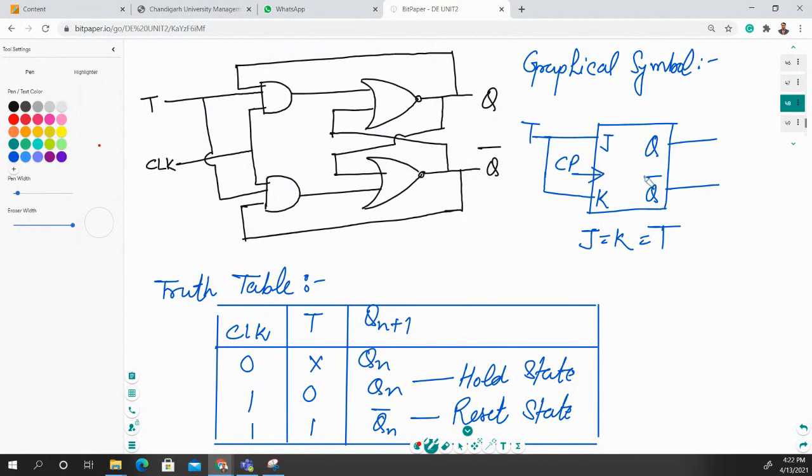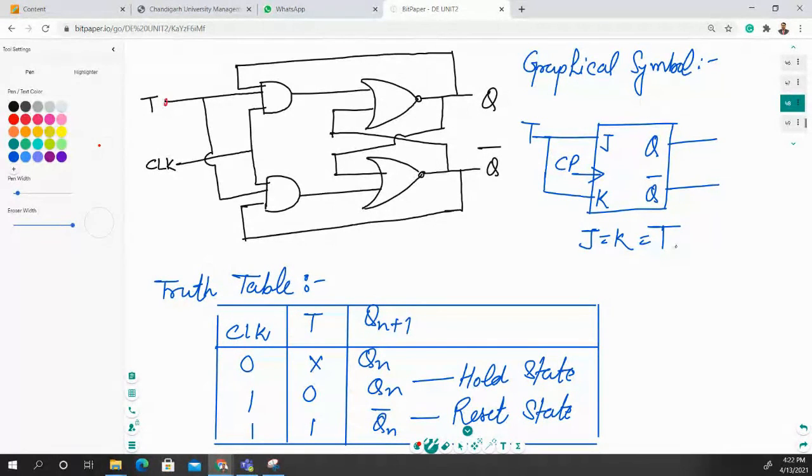This is the JK flip flop. As you have already completed this JK flip flop in the previous slides, we are using these two cross coupled NOR gates, and these two AND gates are used right here. We have provided the feedback to this JK type of flip flop, and right here we are not using the two inputs.